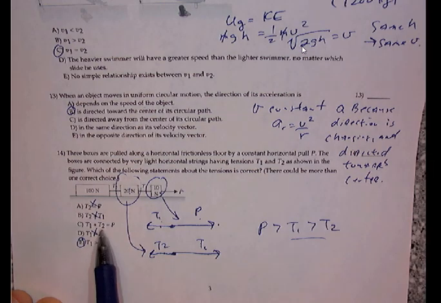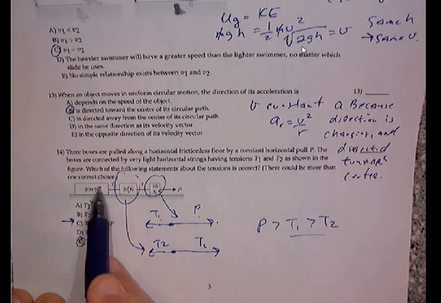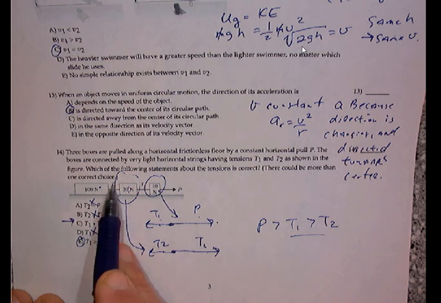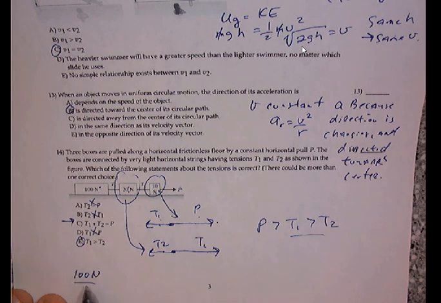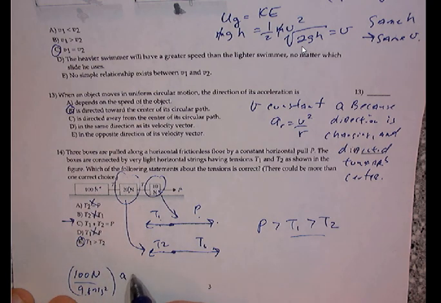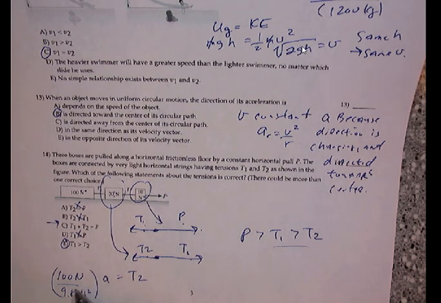It's a little trickier to show that this one's not true, but let's give it a try. Let me look at this mass now. The net force on this mass, really the mass would be 100 newtons, that's the weight, divided by g. So that's the mass of this one, times the acceleration would be equal to T2. This is using Newton's second law: net force is ma, equal to T2.